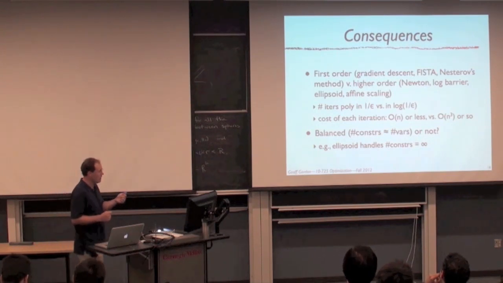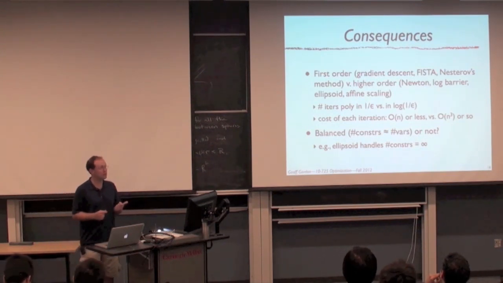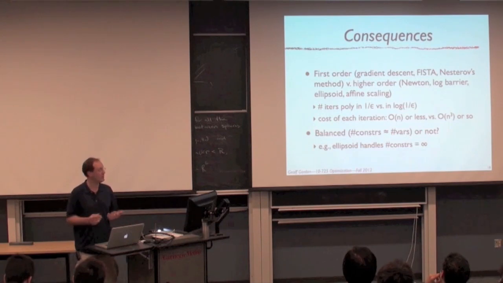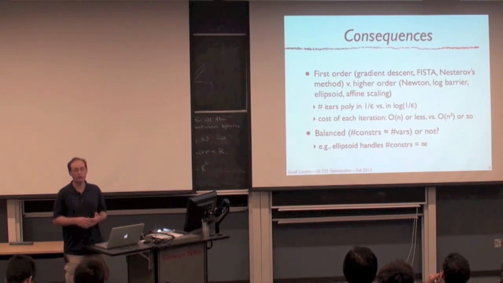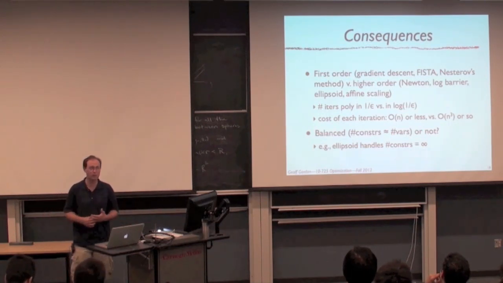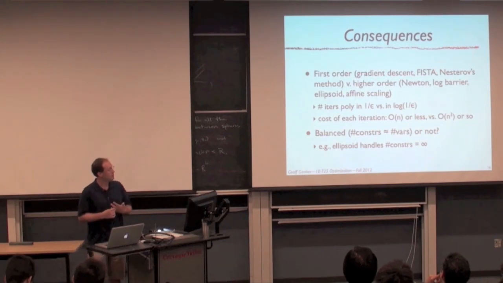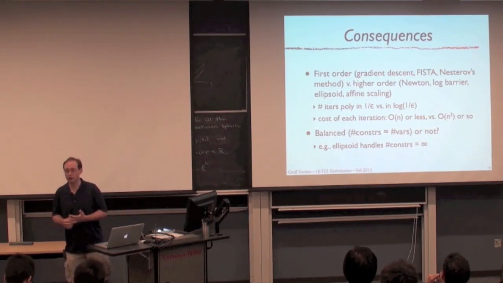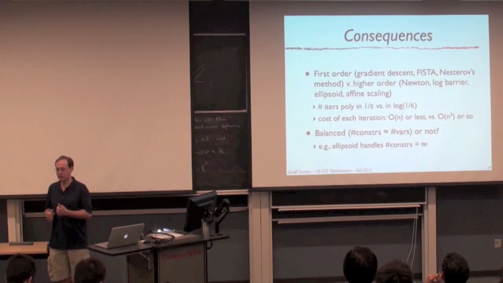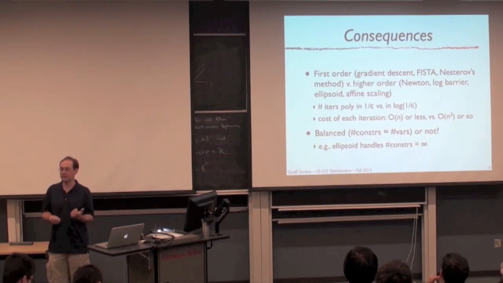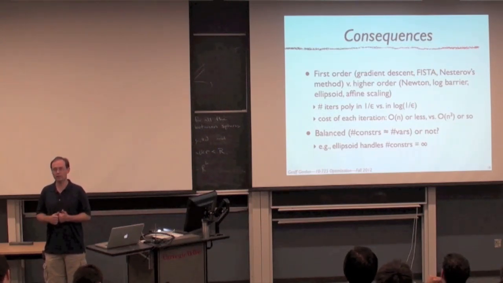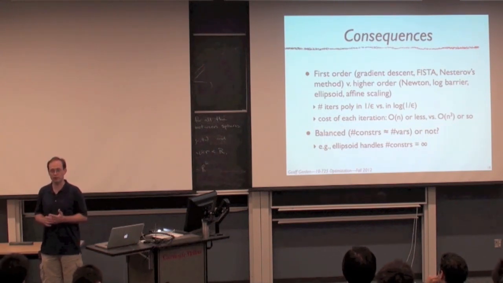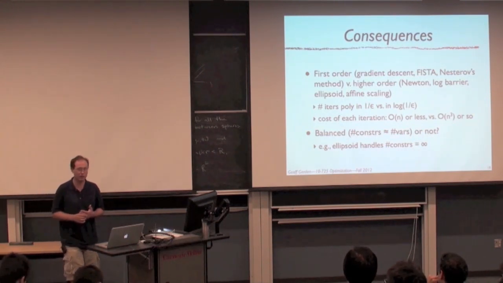If you choose a first-order algorithm, by which I mean something like gradient descent, versus a higher-order algorithm, like, for example, Karmarkar's affine scaling algorithm, you get a big difference in the performance characteristics. The first big difference is the number of iterations. The higher-order algorithms typically require many, many fewer iterations to reach the same level of accuracy.